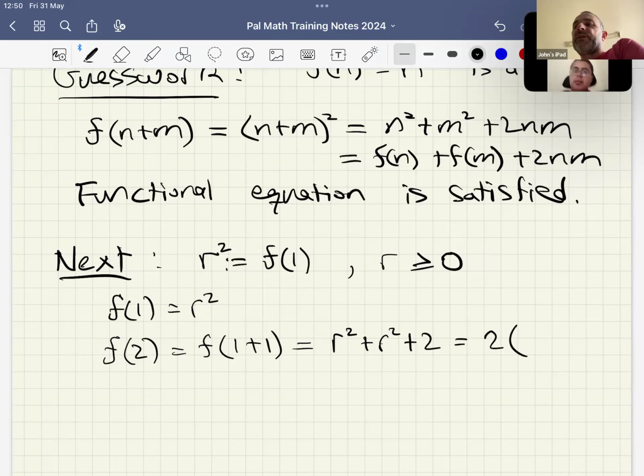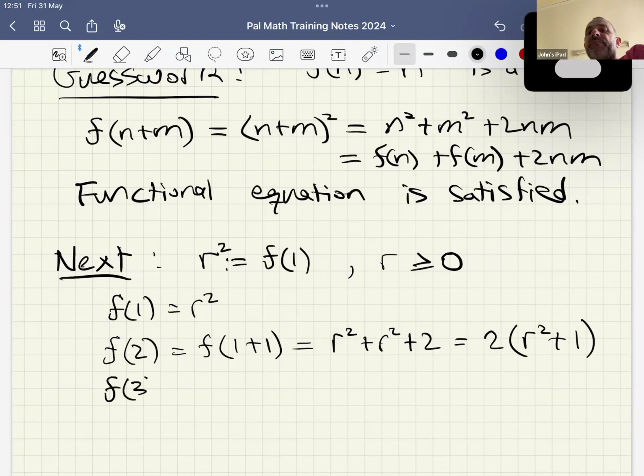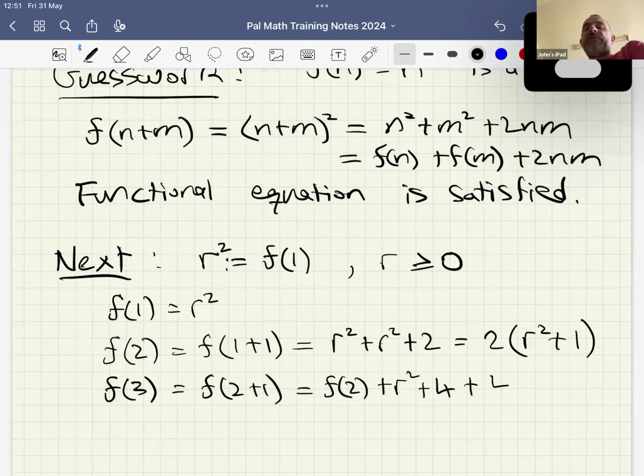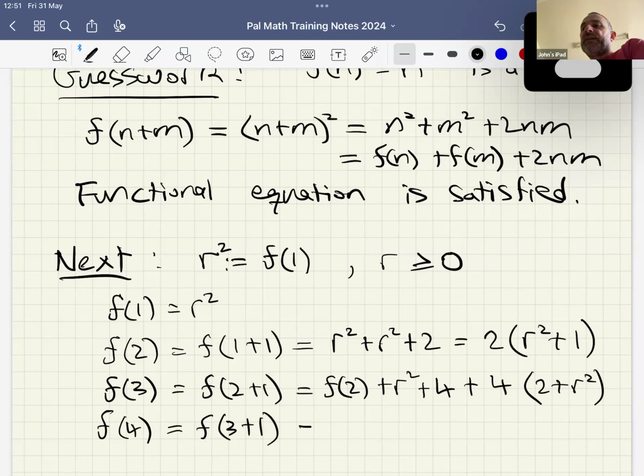Yeah, was there a question there? No, okay. So f of 3 is f of 2 plus 1. So that's f of 2 plus f of 1 plus 4. And you can rewrite this as 4 into 2 plus R squared. Sorry, I made a mistake here.